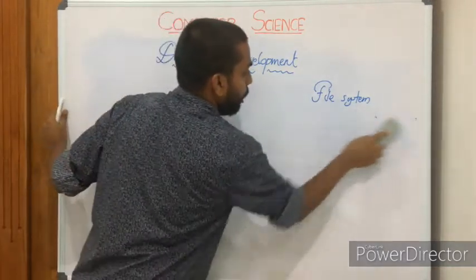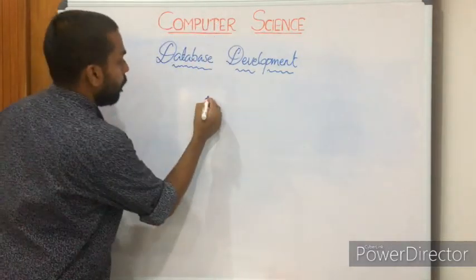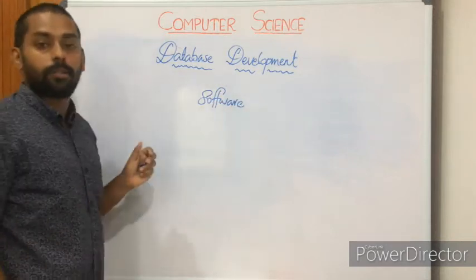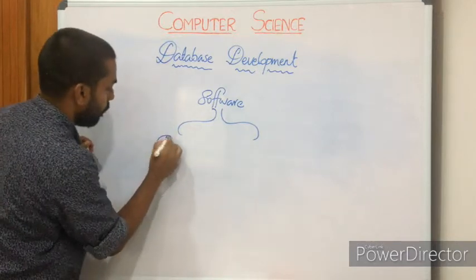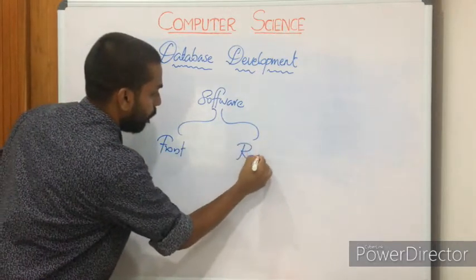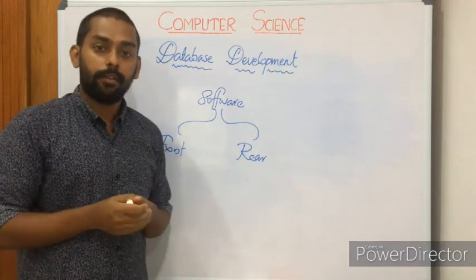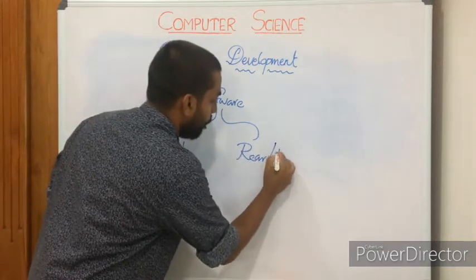Then we can have two more terminologies. When we consider a software, we will have two ends, front end and rear end, or back end.